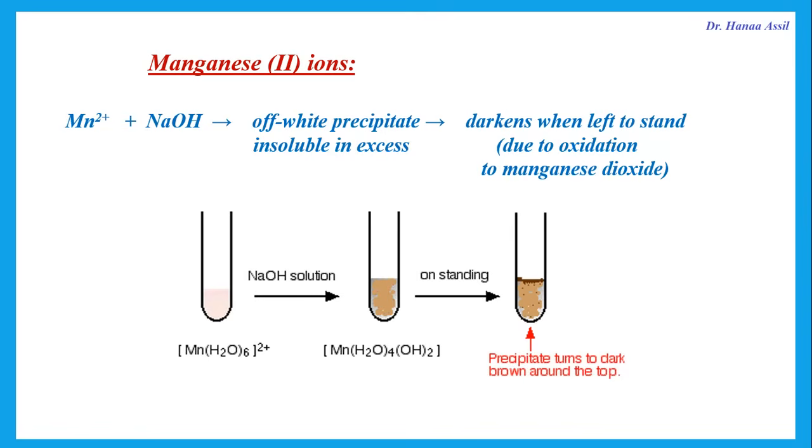But on standing, this precipitate darkens. It darkens because the manganese 2+ becomes oxidized by oxygen in the air, and it forms manganese dioxide, which is darker in color, or forms a black precipitate.